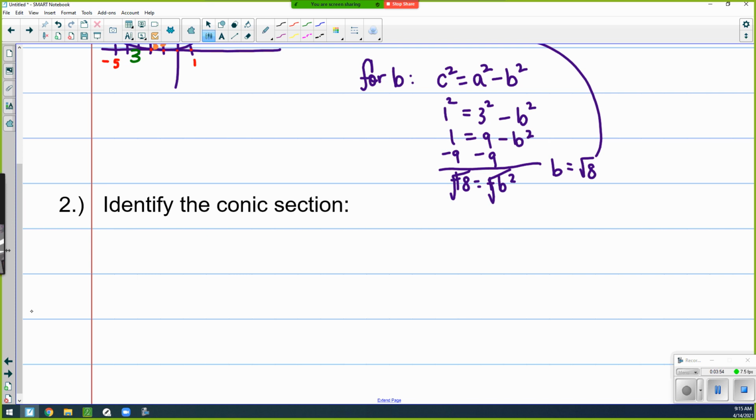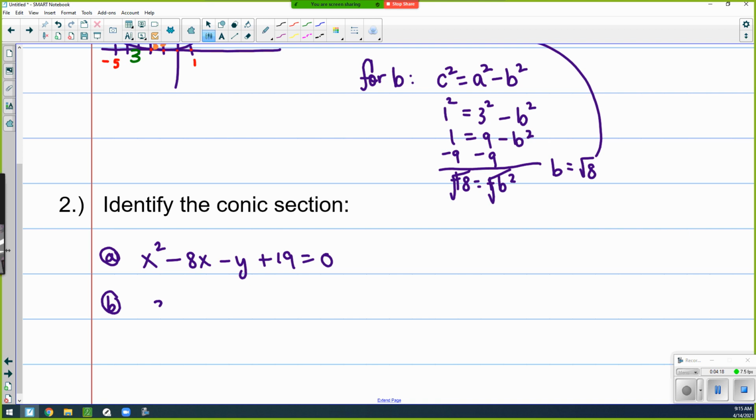All right, now in this next section, I'm going to throw a whole bunch of general form equations at you, and you have to identify the conic section. So let's take a minute and write down 3 examples. Letter A, x squared minus 8x minus y plus 19 is equal to 0.